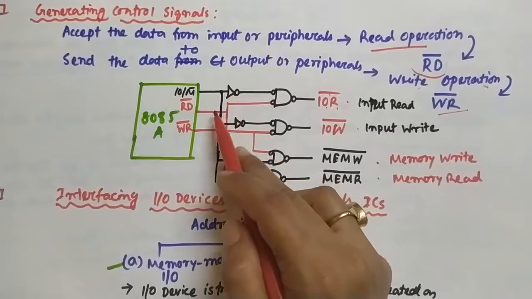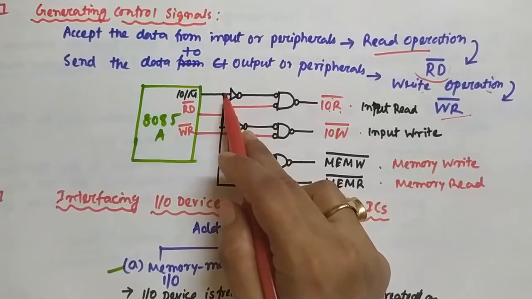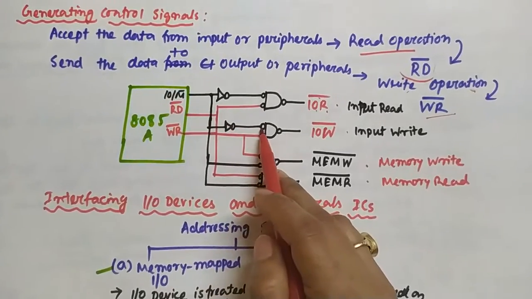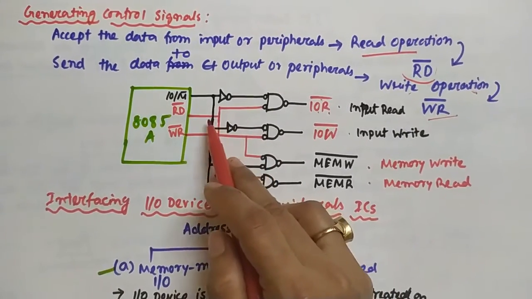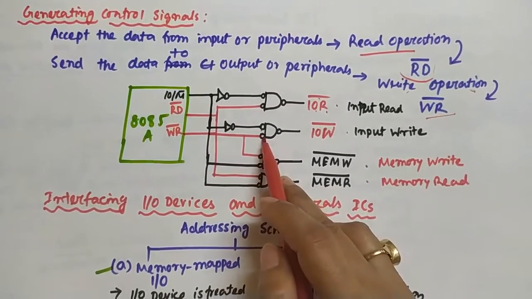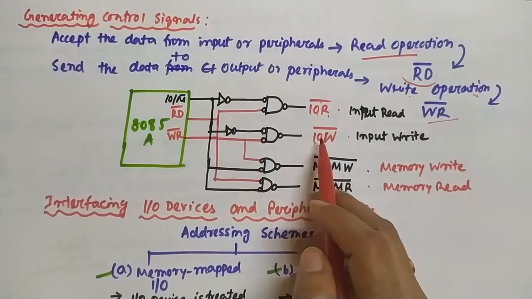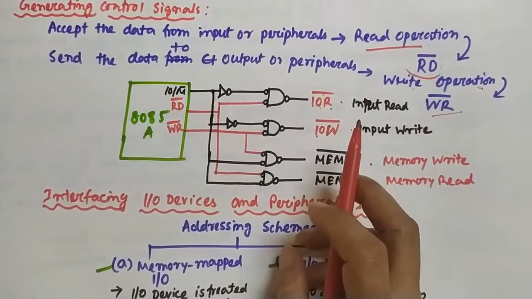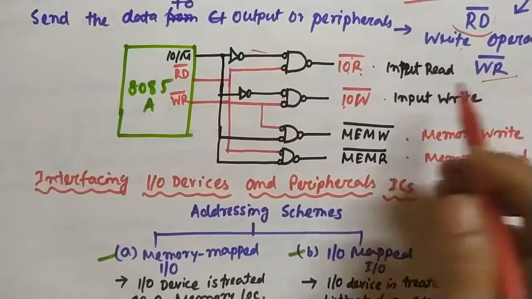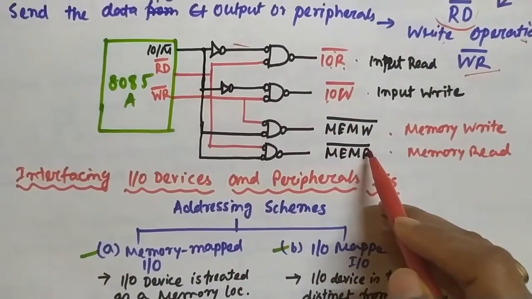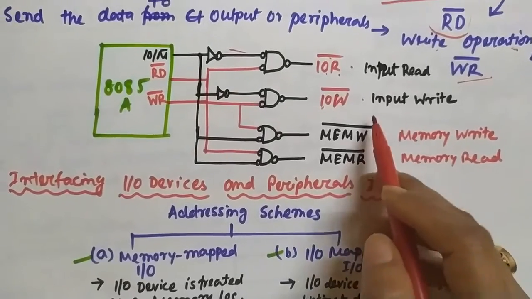And similarly, if the IO/M bar high signal is passed through a NOT gate, then we can also apply the write bar signal, and then we can generate IOW, that means the input write operation. The same process happens when the memory write or memory read signal is generated.